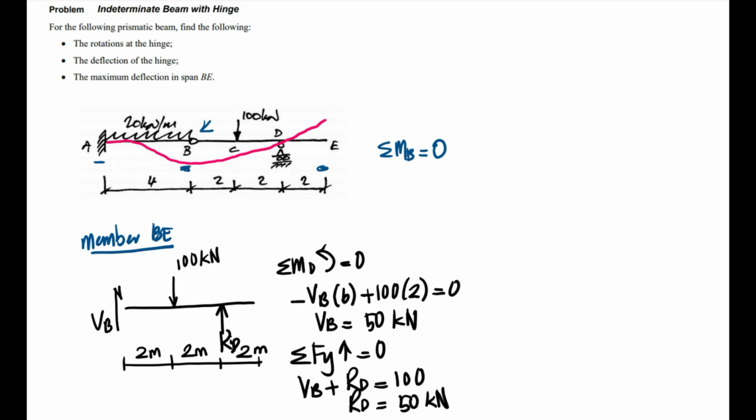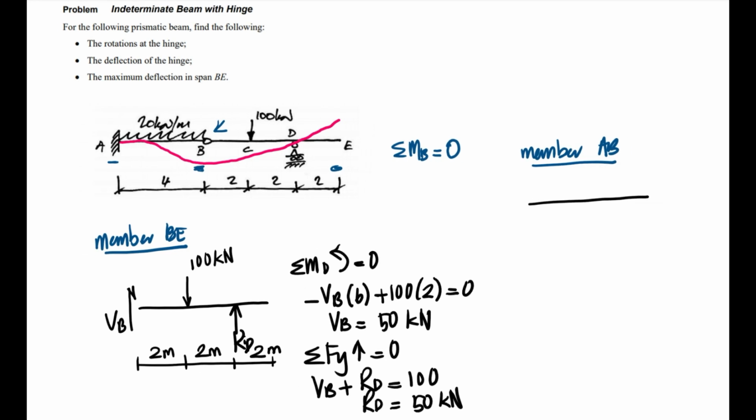Then I proceed with member AB. Okay, so I draw the free body diagram. So I will have VB, a 20 kilonewton per meter distributed load, and then 4 meter.